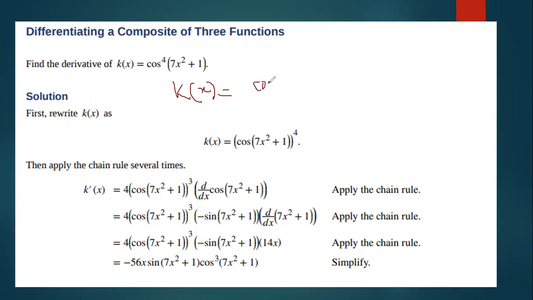Let us say पहले मैंने बताया था अगर वो था cos square x, तो ये क्या था, cos x का होल स्क्वायर. लेकिन इस केस में क्या है मेरे पास, इस केस में मेरे पास है k of x जो है वो है cos power 4 and function value is 7x square plus 1. So it will be equals to whole cos of 7x square plus 1 then a whole power of 4.